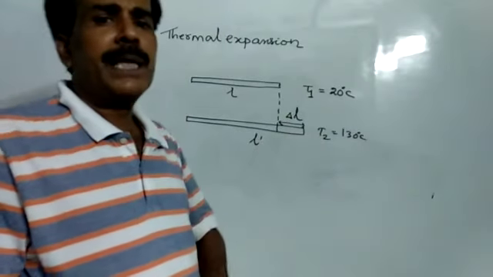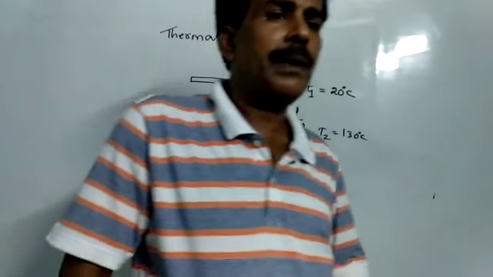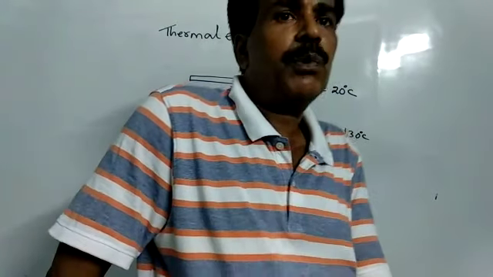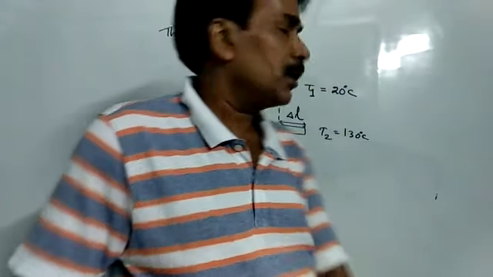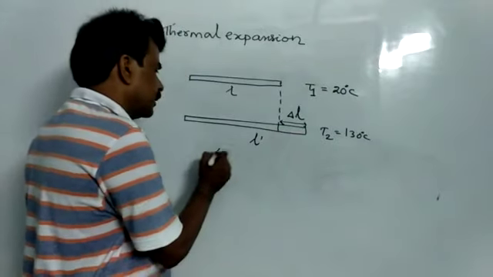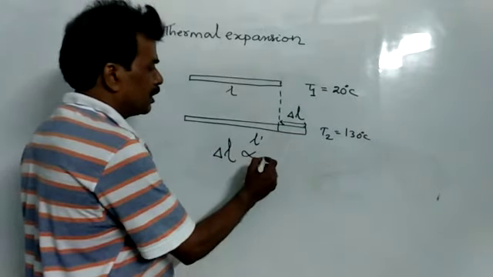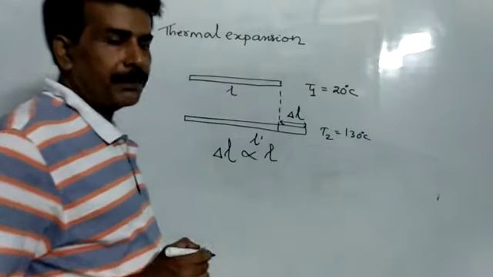From the experimental study, we can conclude that this increase in length is directly proportional to the original length. So we can write mathematically, this increase in length delta L is directly proportional to the original length.